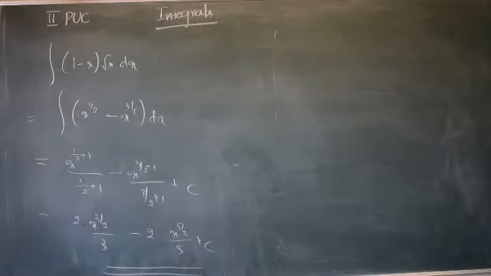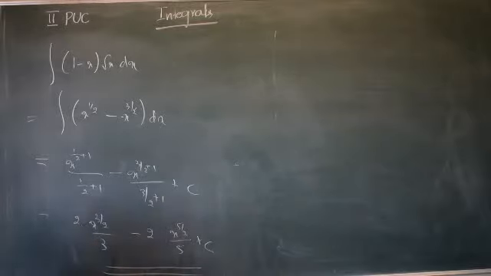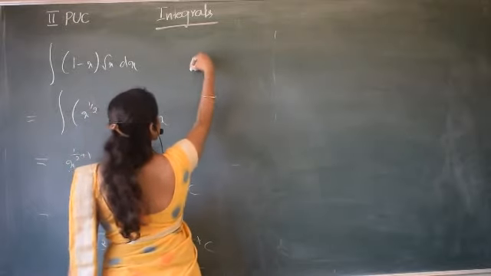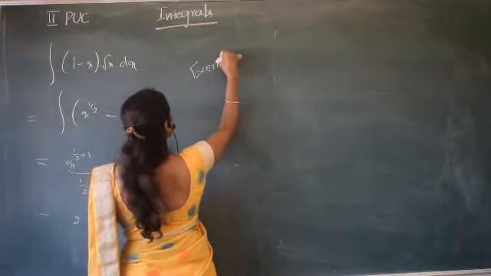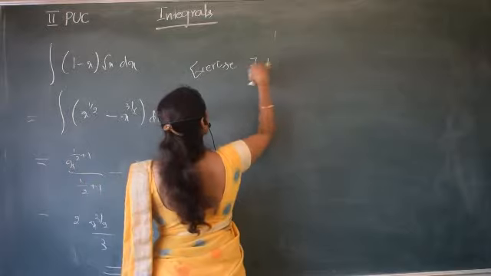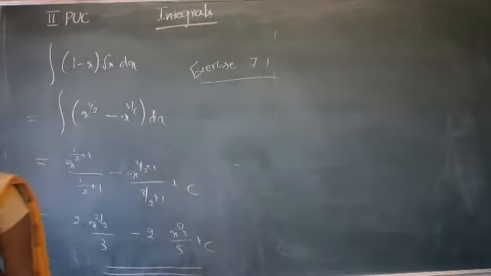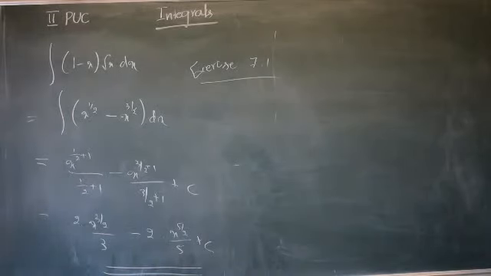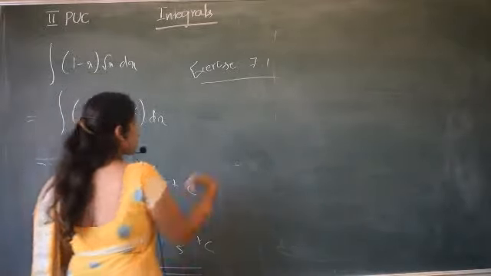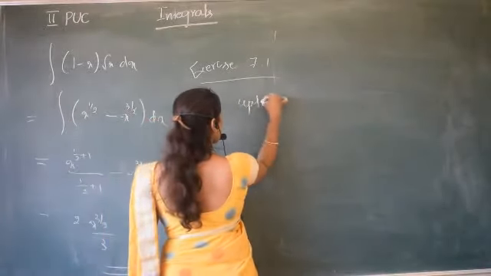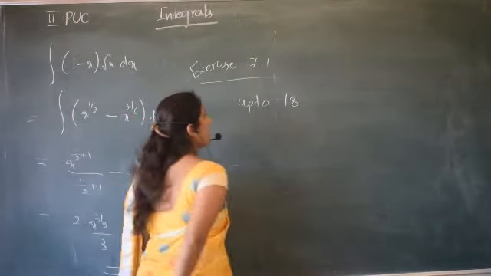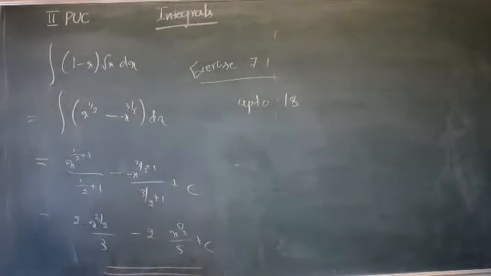So in Exercise 7.1, there are many problems up to 18 you can simplify. I have solved some problems in between, but complete up to 18. 19 and 20 and other problems I'll simplify.